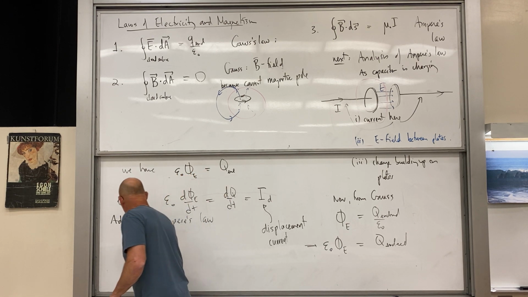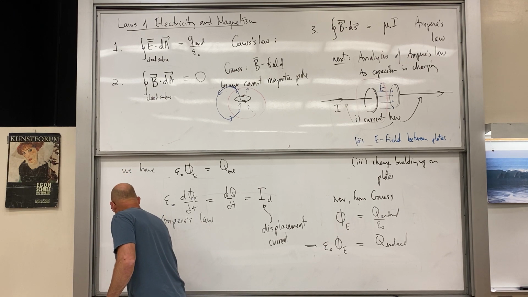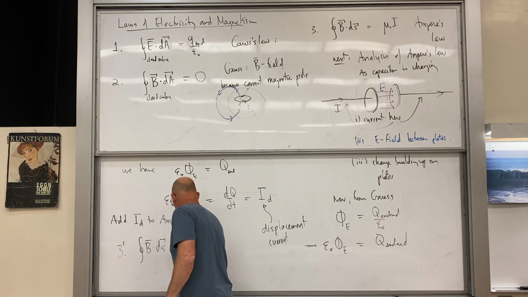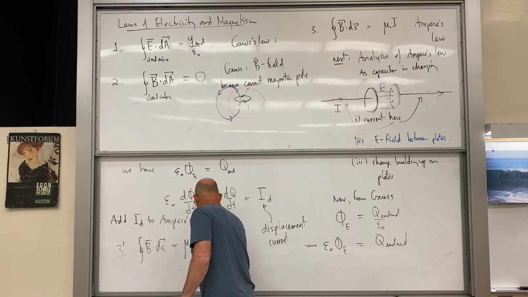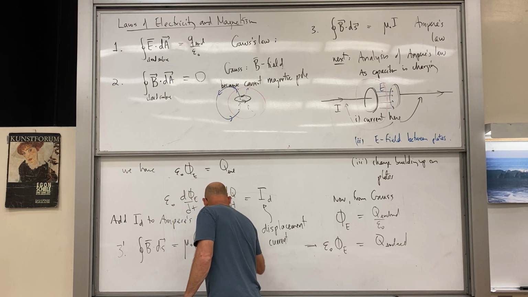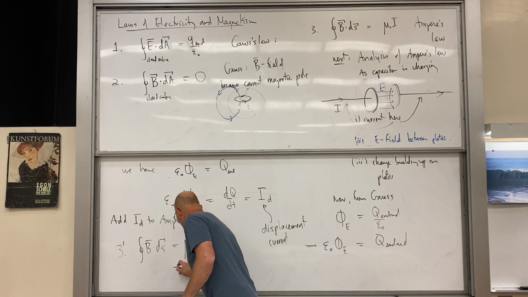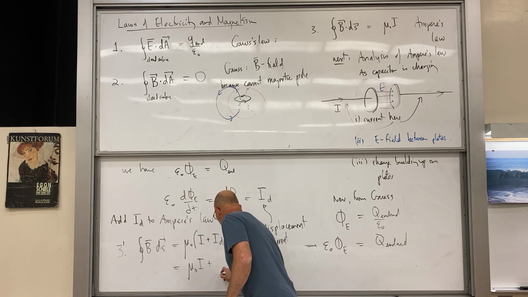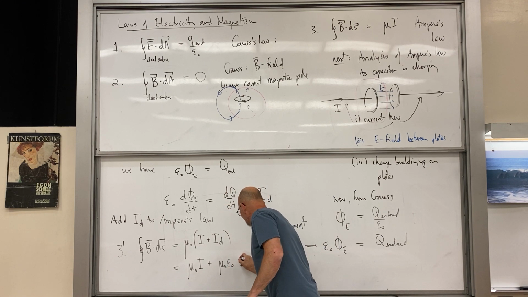We get 3, I could call it 3 prime, the integral of B dot ds is equal to mu naught times I plus I sub d, and that's equal to mu naught I plus mu naught epsilon naught d phi dt.